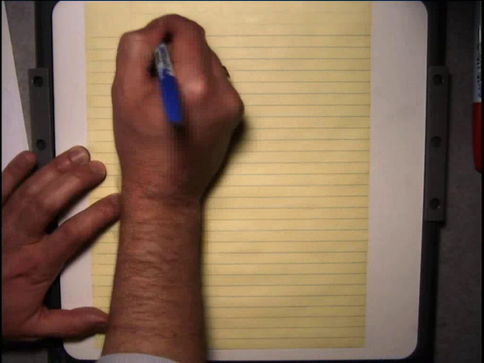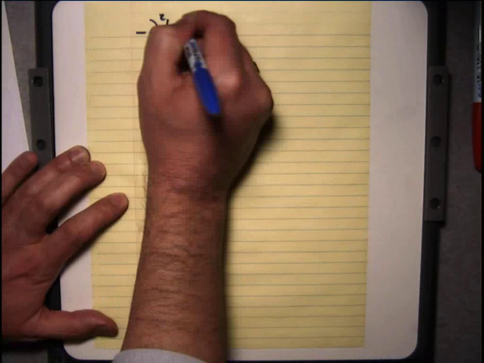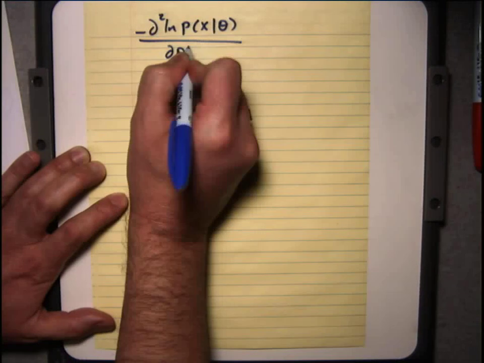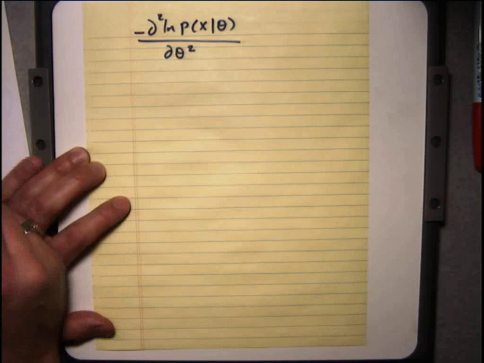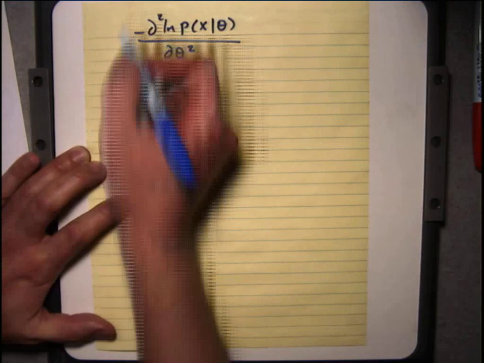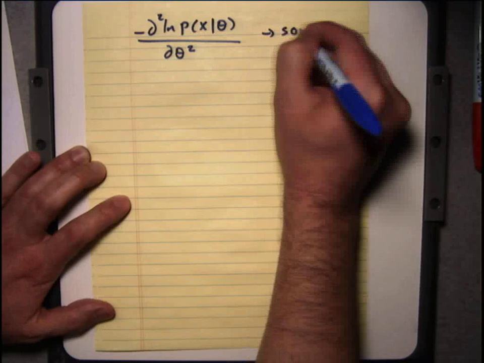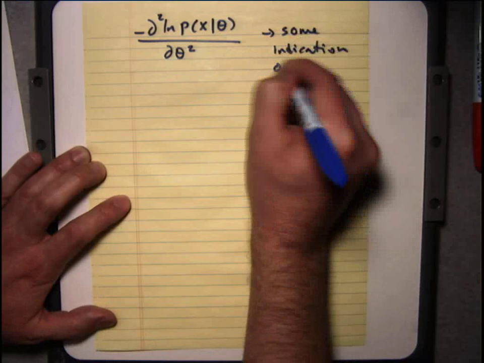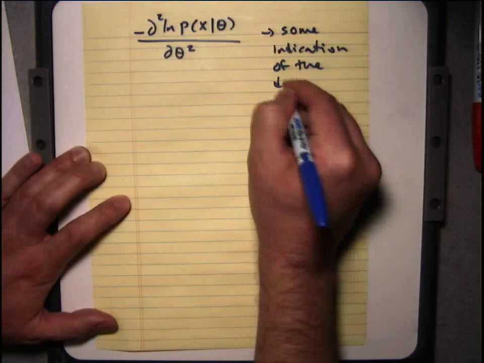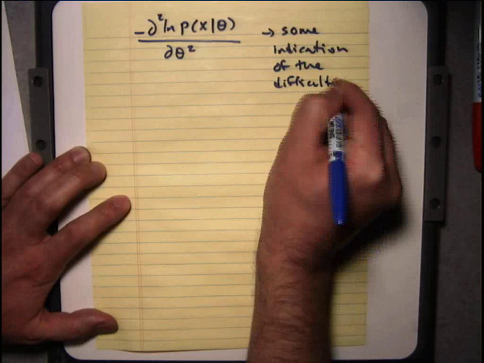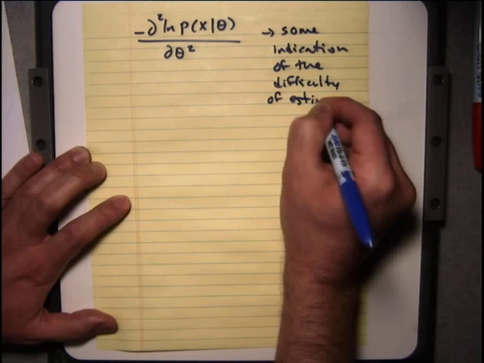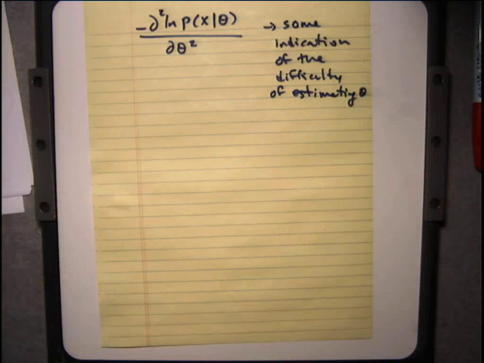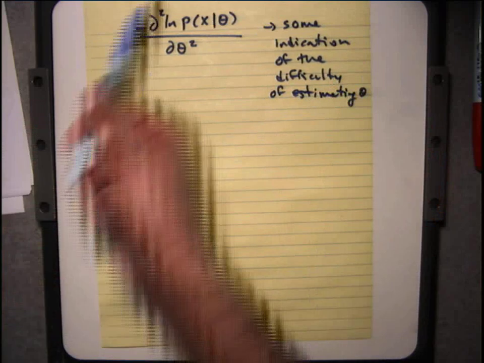So this quantity, log of p(x given theta), is basically giving you some indication of the difficulty of estimating theta.